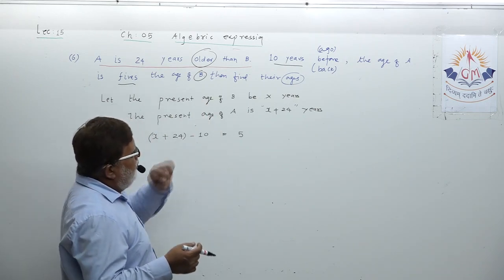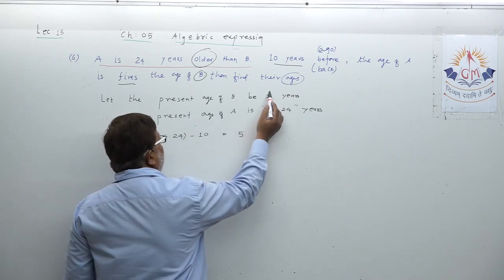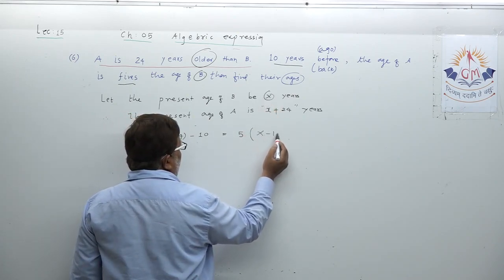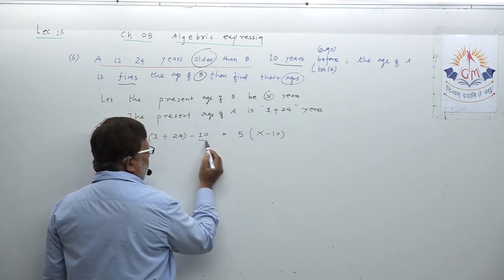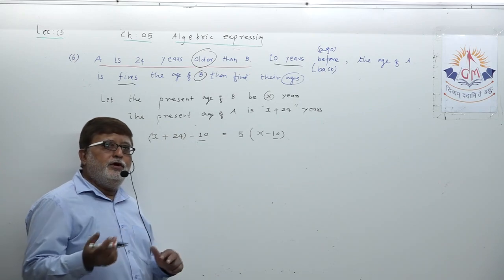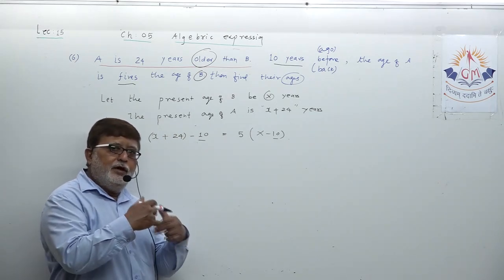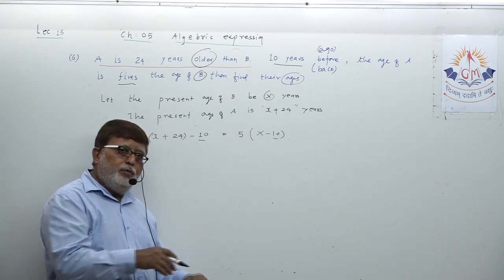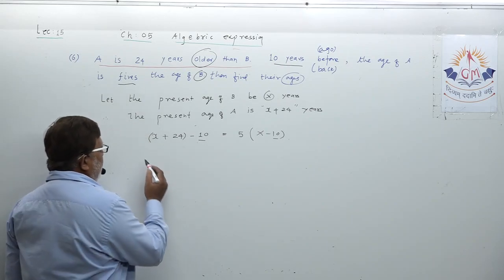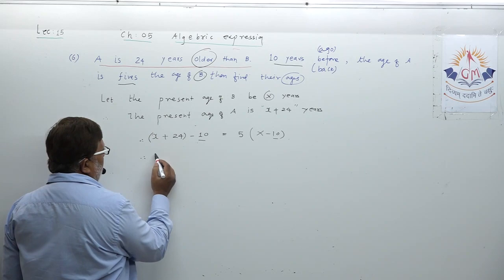What is the age of B? We have supposed x. So before 10, what can I write? X minus 10. Here also 10 subtracted, here also 10 subtracted. Before it is said. If it is said after, then you have to plus it. Okay, that's common sense any student can understand.